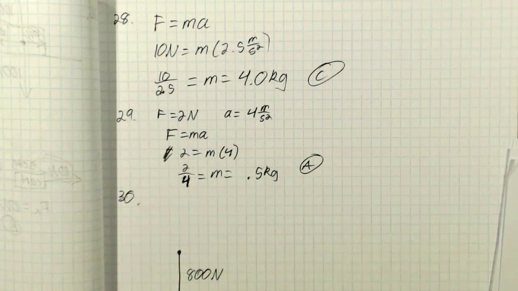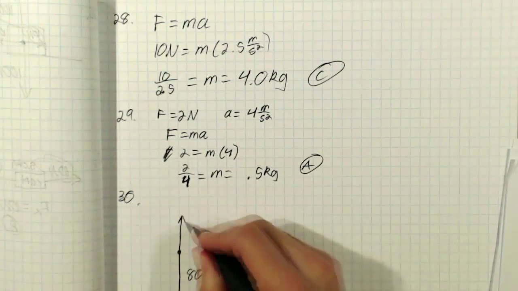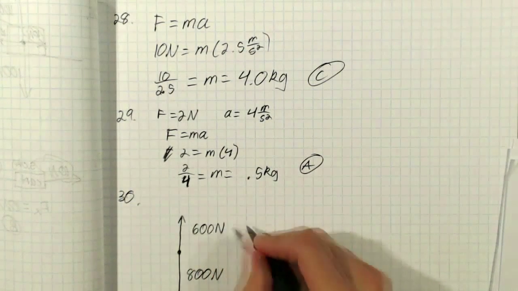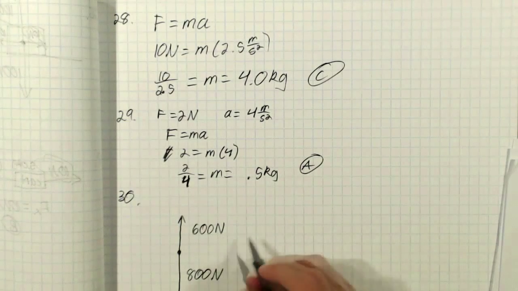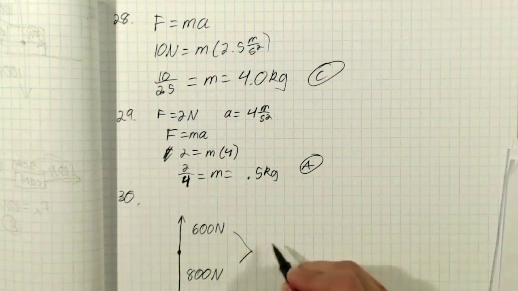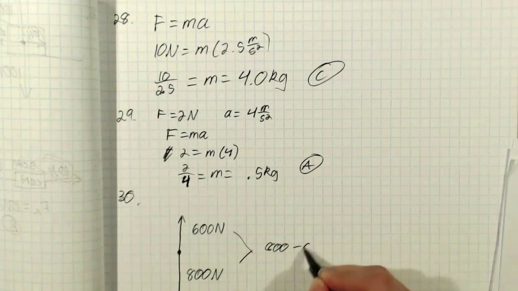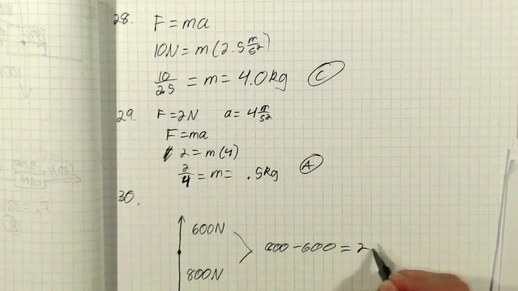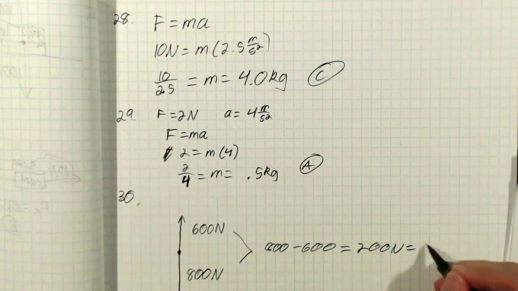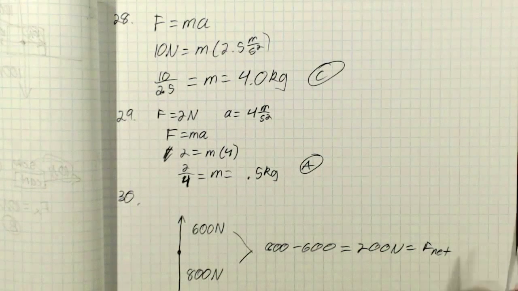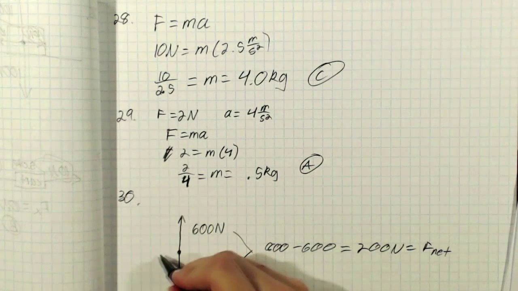And the upward force due to the elevator is 600 newtons. And if we add these together, or if we subtract them, I guess, which is our net force, and it is in the downward direction.